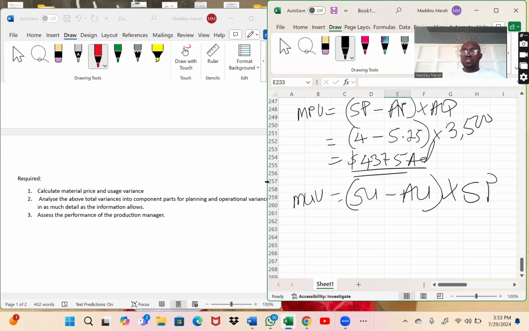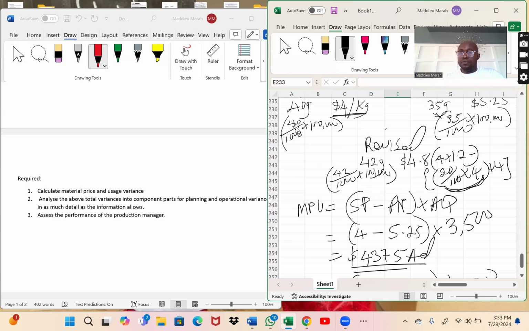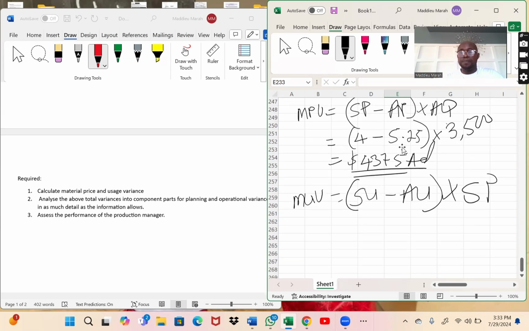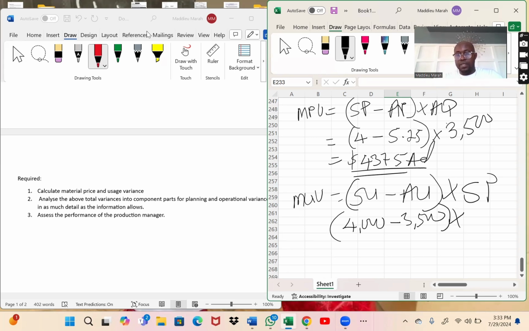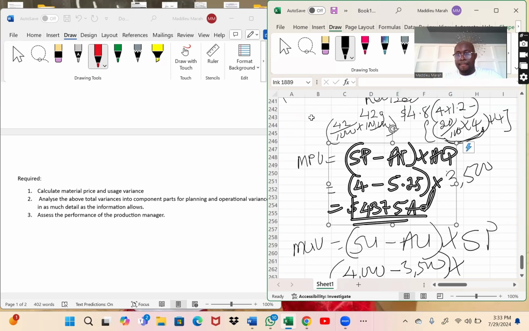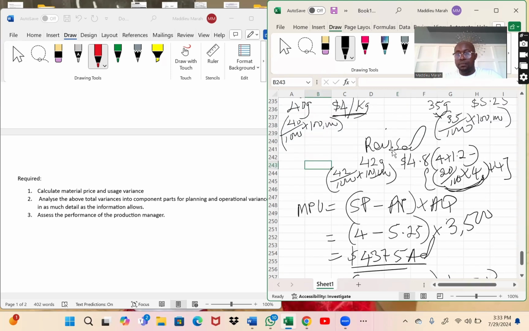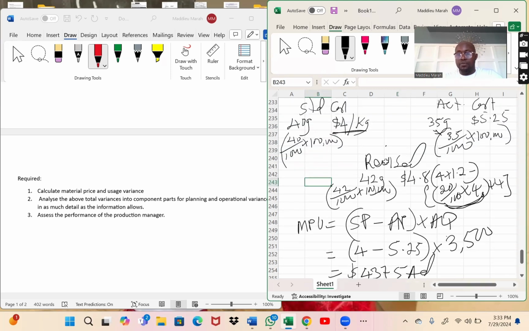Our standard usage, remember, is 40 divided by 1,000 times 100,000, 4,000. Our actual usage, 3,500. Standard price. What do we have for standard price? 4. Our standard price is 4.